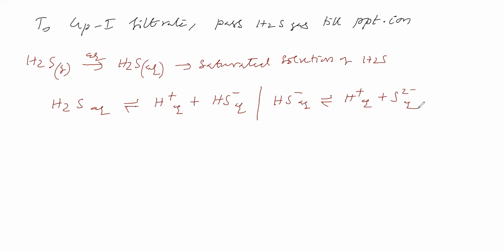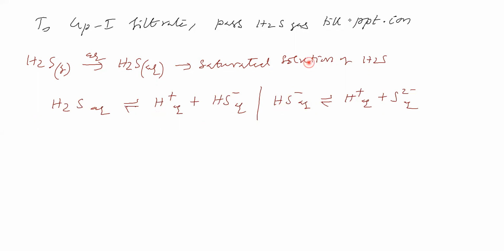Now in this saturated solution, H2S is giving H plus and becoming HS minus. It is one equilibrium in this solution. Another equilibrium is this HS minus giving H plus and becoming sulfide.